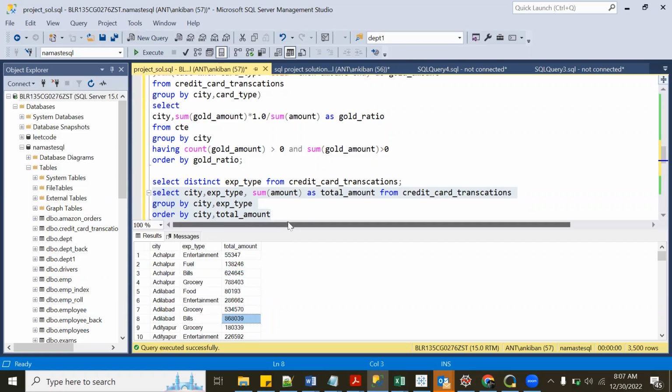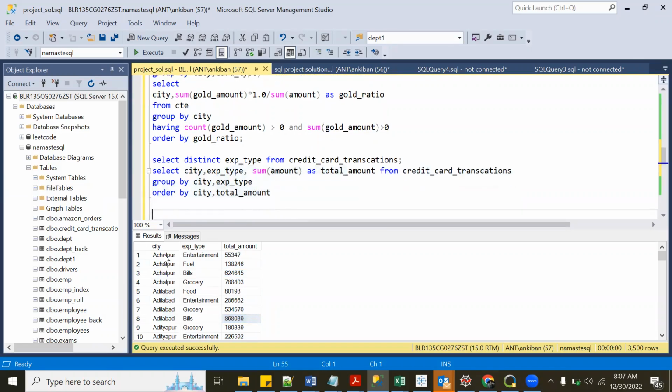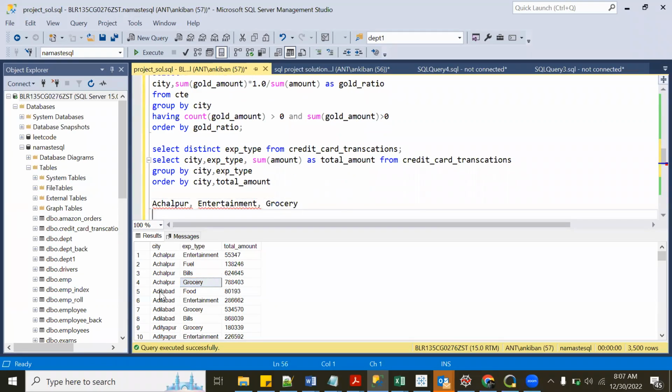So what I want in output is Anchalpur, then lowest expense type entertainment, and highest grocery. Similarly for the second city, Adilabad, then where they have done the lowest transaction, food, and highest transaction, which is bills. This is how I want the output.